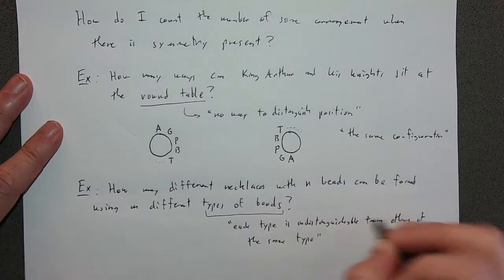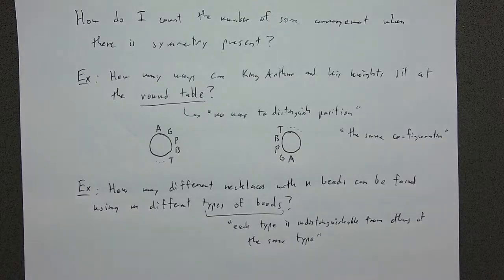So maybe the type of bead refers to the color. In that case, say all red beads would be identical. There'd be no way to tell two red beads apart. Or if these were glass beads, all the glass beads would be identical. Whatever characterization of the beads, they are identical within their own class. Okay.